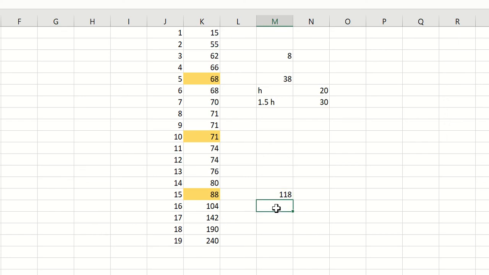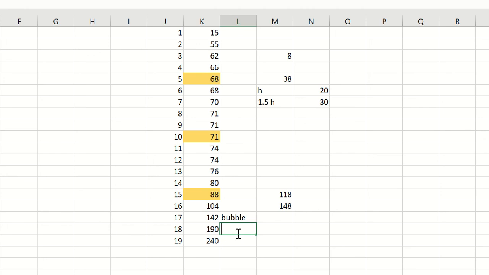If I add another 30, another 1.5h, to 118, I will reach 148. Okay, now notice, before I reach 148, I have 142. So that will be a bubble, and everything beyond 148 will be a star.